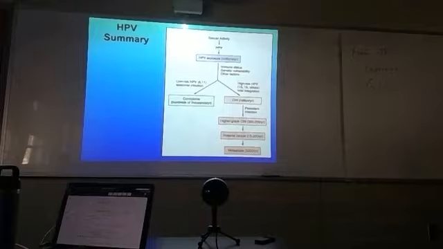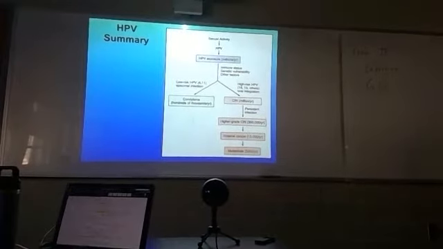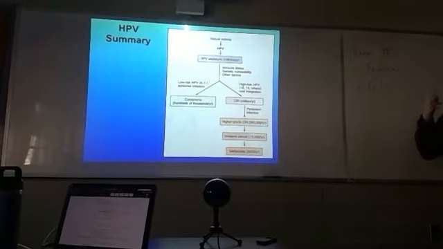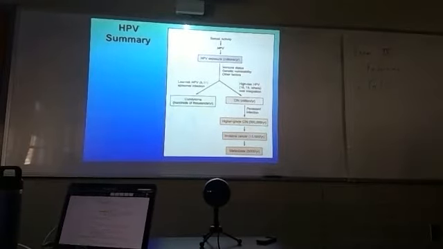The management, assuming it's a dysplastic lesion, you can perform an ablation procedure. All you have to do is destroy the dysplastic epithelium. You don't have to necessarily do a whole hysterectomy. All you have to do is destroy that part of the epithelium which is dysplastic. That can be done with laser, cryosurgery, electrocautery.